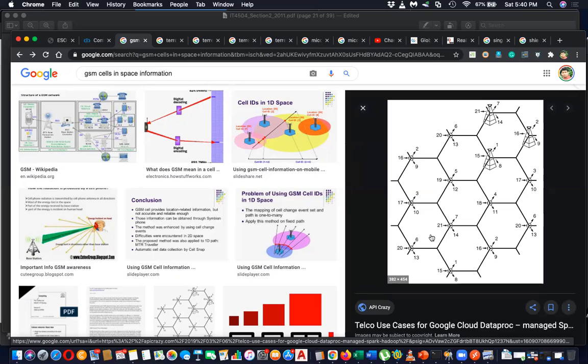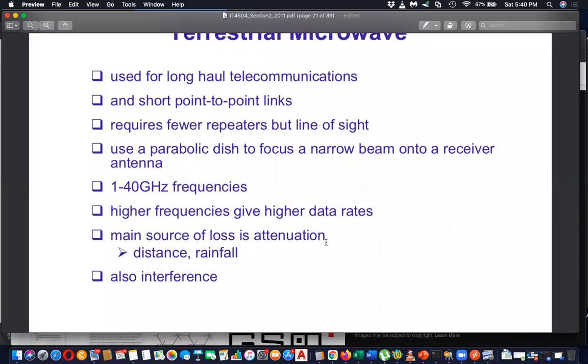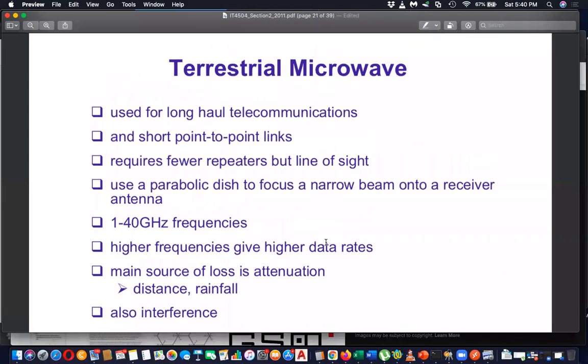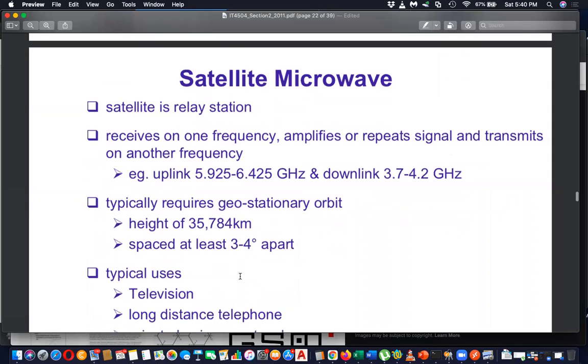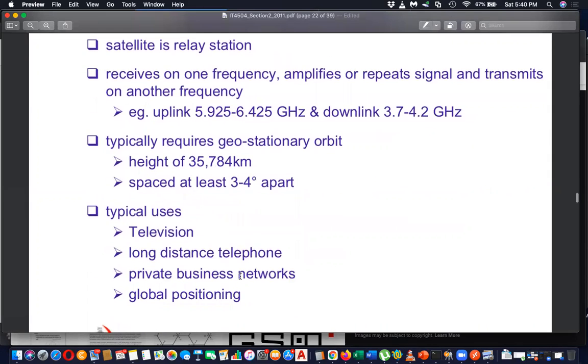So this is how GSM communication actually happens. Let's learn this later, but I just want to show how it happens. That is also using microwave, but not just microwave and GSM, and satellite microwave. Satellite is the station here. So it can go up to this number of kilometers. It's used for long distance telephone and private business networks, but this is very expensive.